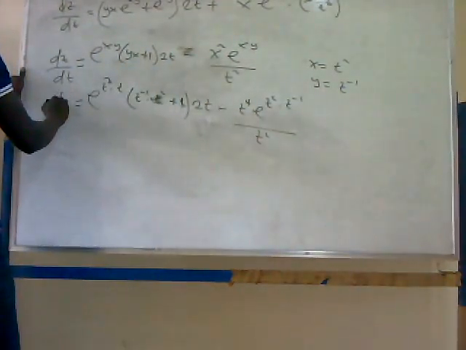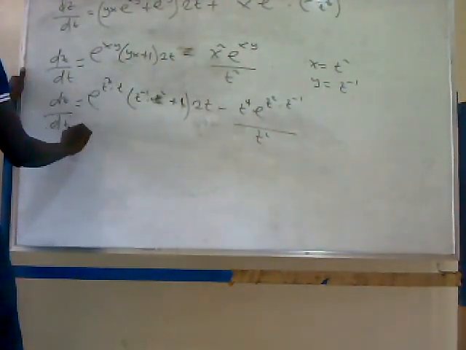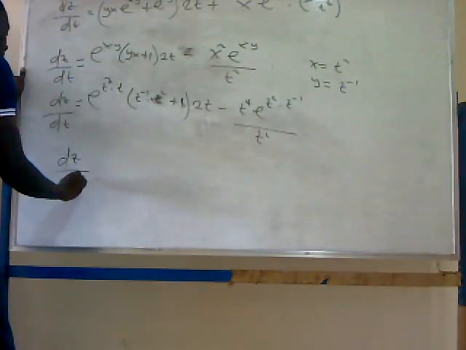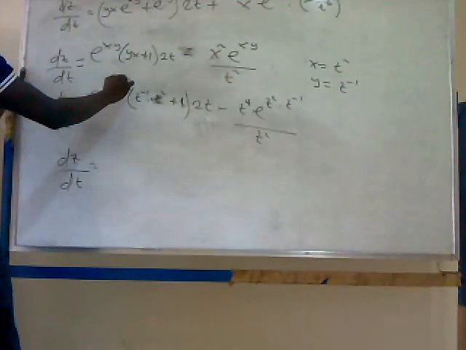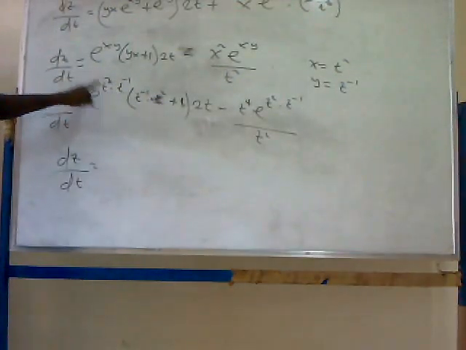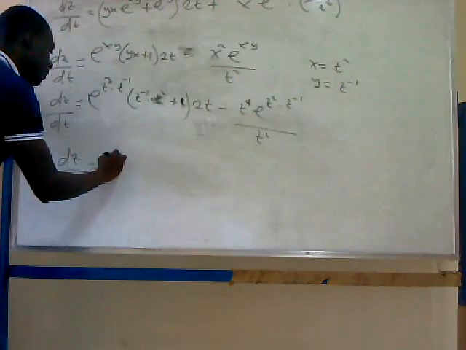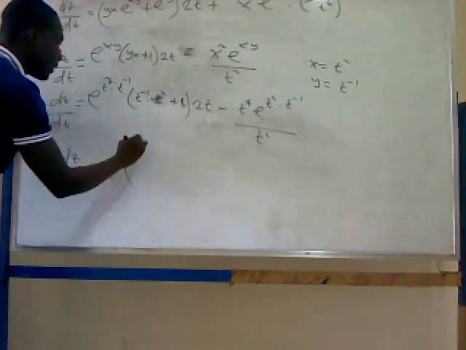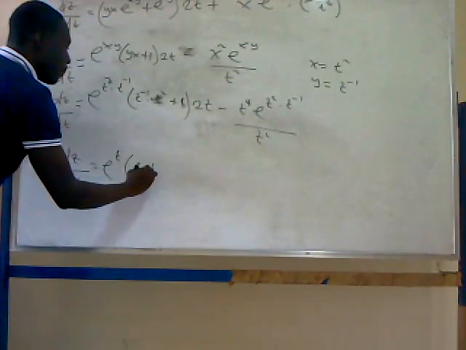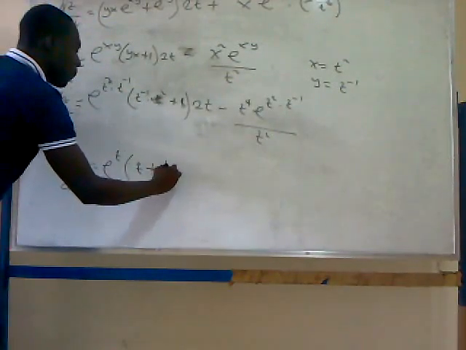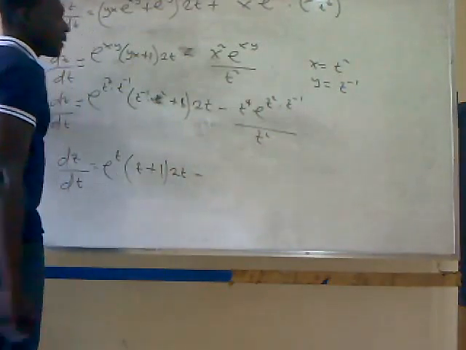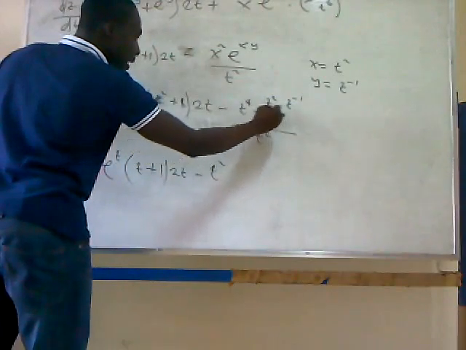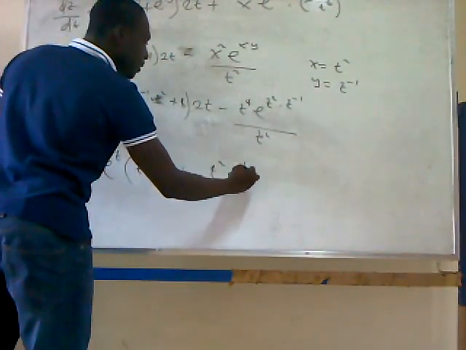Okay. So dz/dt, this will cancel that, and I'll get e to the power t. It will still cancel, okay? And I'll get (t plus 1) multiplying 2t minus, this will cancel that, I get t squared, and I have here e^t.